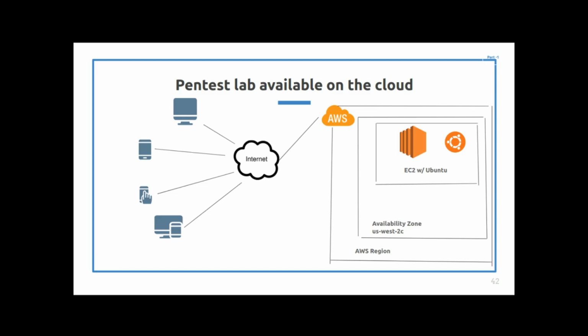And these are called availability zones. So a group of data centers is going to make up an availability zone, and then within that availability zone, you can host different devices. In the case of this lab, we're hosting an EC2 instance, and we're putting Ubuntu on that instance.